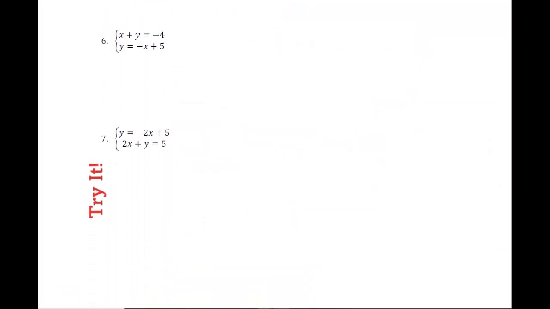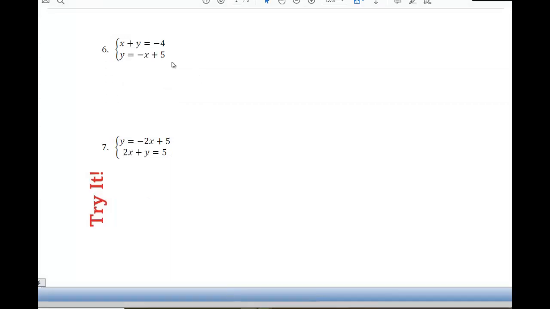Okay, let's take a look at 6 and 7. A couple more examples. We're going to go ahead and take this, since it's already solved, and sub it in for the y. So I have x plus y, but I'm going to replace it with negative x plus 5, equals negative 4. So nothing here to distribute, so I can just combine x minus x, positive 5.